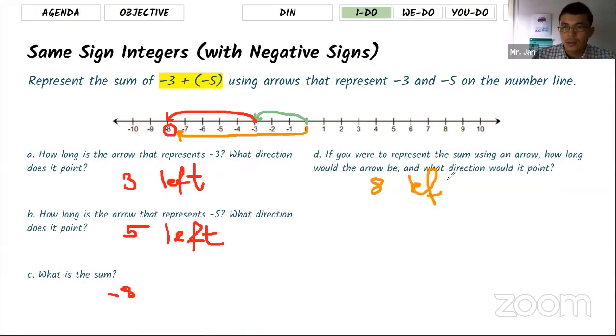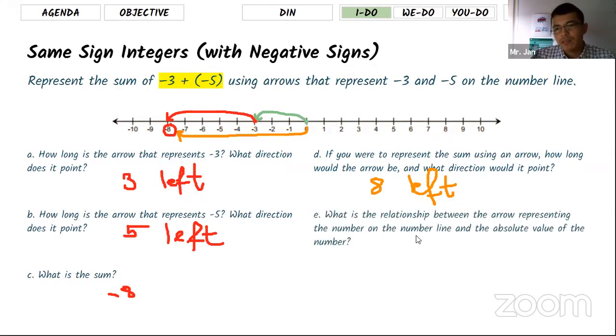The last question is, what is the relationship between the arrow representing the number on the number line and the absolute value of the number? It's the same thing. The number is -8, but when we talk about the absolute value of that number, we always pay attention to the value without direction.